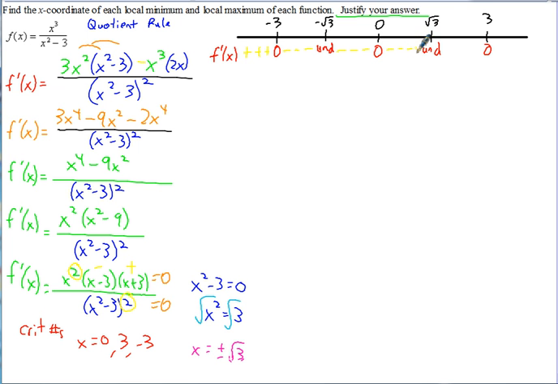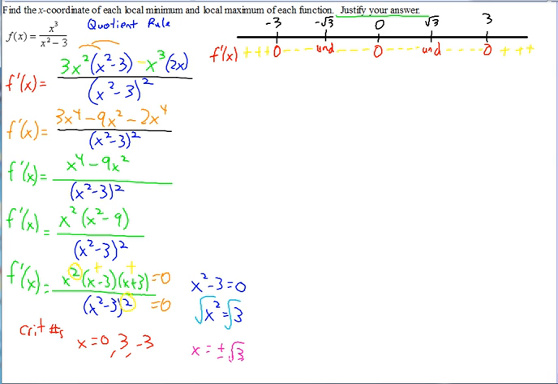And then between square root of 3 and 3, you can test 2. 2 minus 3 is negative. 2 plus 3 positive. But it's still negative. But then here you can test 4. 4 minus 3 is positive. 4 plus 3 positive. Positive times a positive is positive.